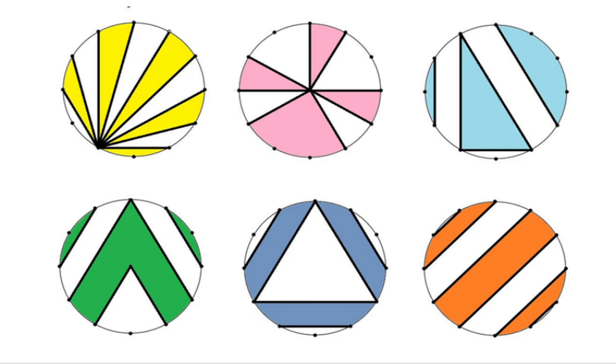For example, if we take these 2 points right here, if you assume their distance is x, the distance between this point and this point is also x. This point to this point is also x. So using that clue, we can find the fractions of shading very easily.